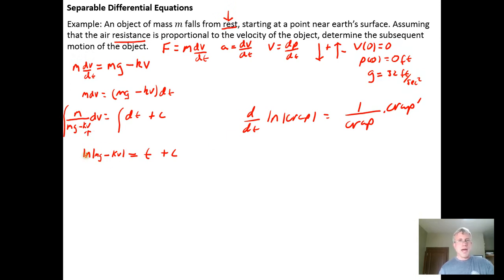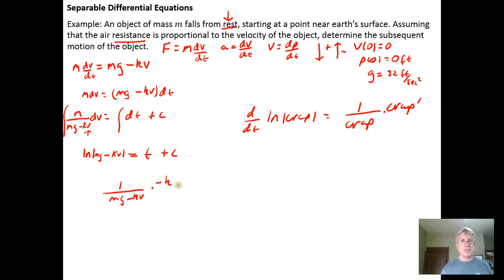Using this pattern, I get 1 over mg minus kv, 1 over crap, but then times the derivative of the crap. Mass times gravity is a constant, so the derivative of mg is 0. And the derivative of minus kv is just minus k, because minus k is the coefficient on the variable v. So I'd get times minus k. And that's not what I have here. I have an m in the numerator.